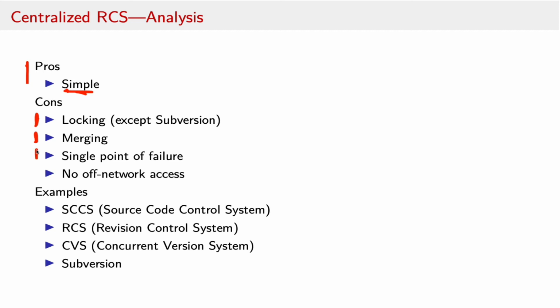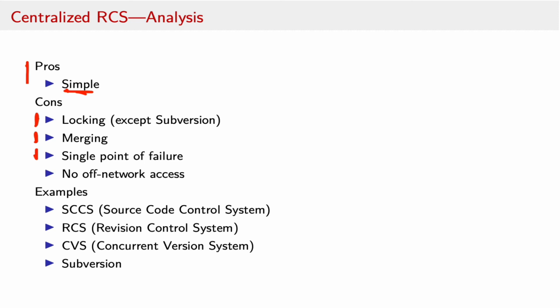Another issue with the centralized case is that there's a single point of failure. Since there is just that one true centralized revision control system, all of the versions of the files that are part of a project are going to be stored on the same server, maybe on the same disk, in the same server room.